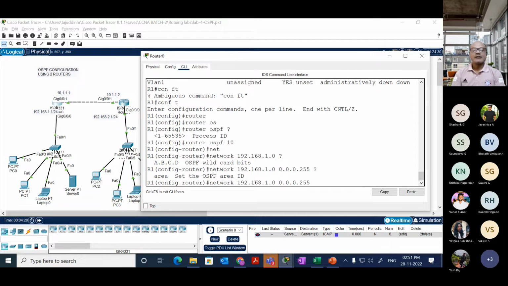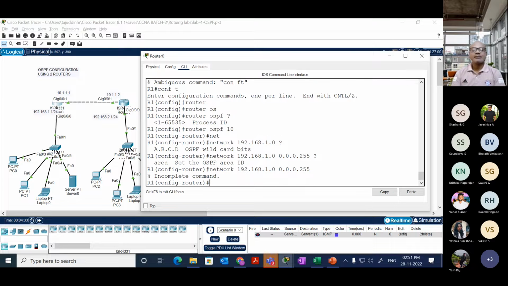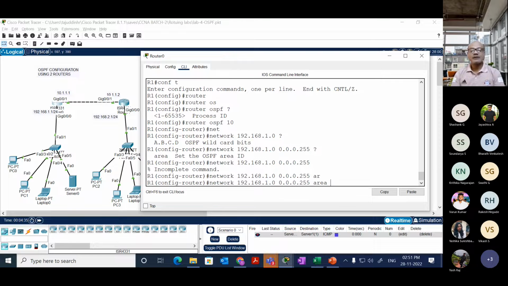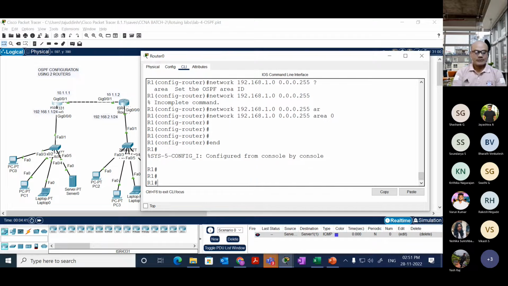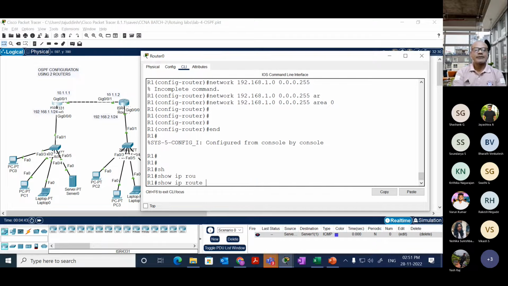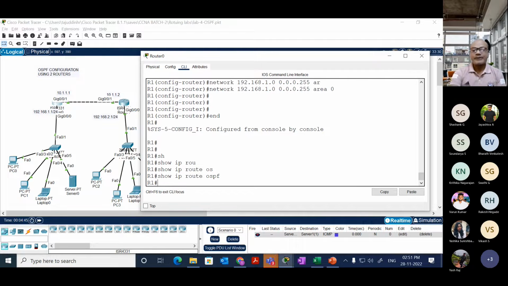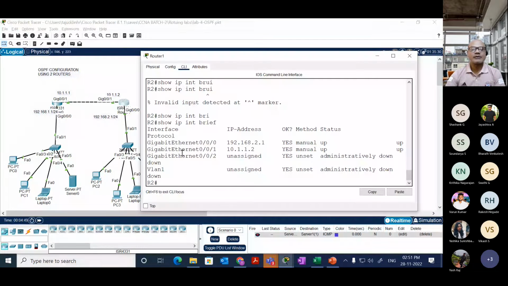If you give a question mark, it will ask for area; even if you press enter it says incomplete. So area I'll put area 0. Show IP route OSPF. Still no updates because the other router we have not configured. So let's configure this guy now.